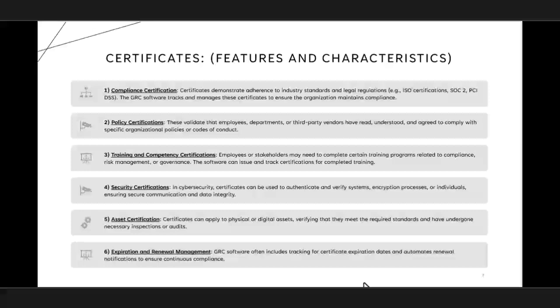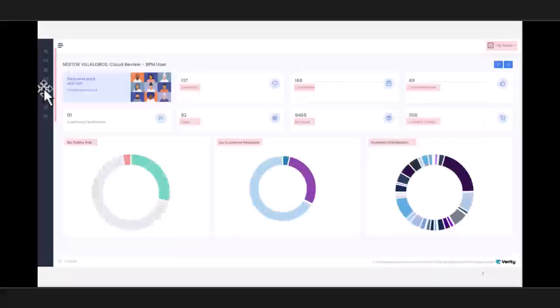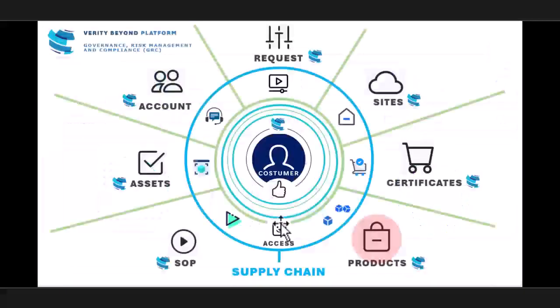Moving into our next section, it'll be the fifth icon in our menu in VerityBeyond, and it will be the products category section in our menu. And we can see here this is represented by a shopping bag, and the products mainly refers to the various services, software modules, or physical goods that an organization manages or tracks in relation to its compliance, governance, and risk management strategies.